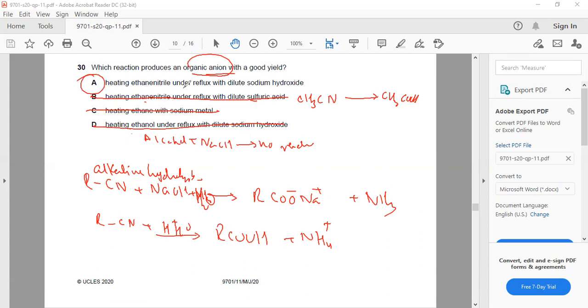Ethane nitrile plus NaOH, water, forms sodium ethanoate, CH3COONa. O has a minus charge. Anion means minus charge.